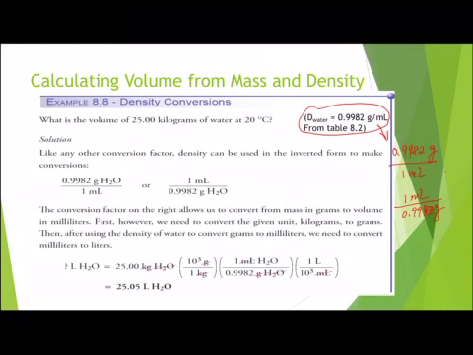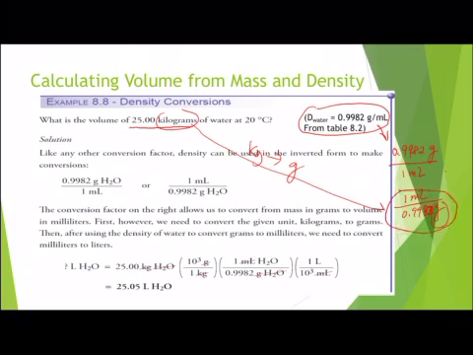How do you convert? You know 25 kilograms and you want to go to volume. This is kilogram, this is gram. They're not exactly the same. So the first thing you need to do is convert the kilograms to grams, then multiply by this conversion factor. Then you'll go to your answer.